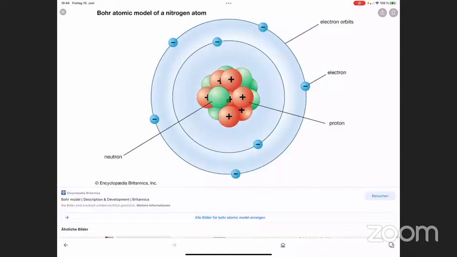A neutron doesn't have a charge at all, but it is a particle inside that helps hold all the protons, because protons will have a repulsive force on each other, as they are of the same positive charge. They are going to repel each other, but neutrons just stay there to keep them together.